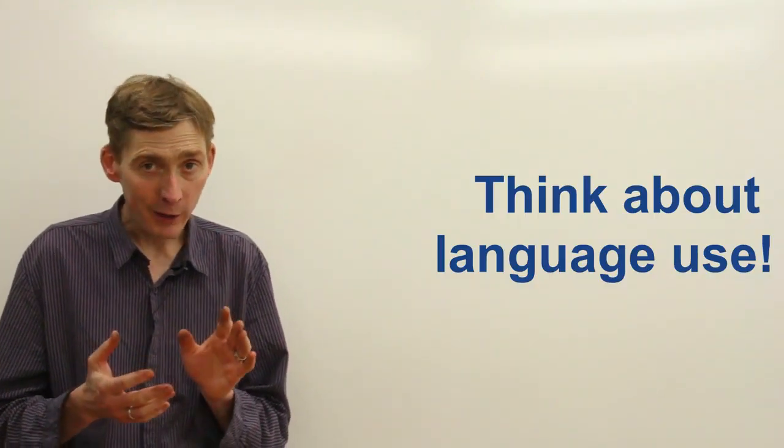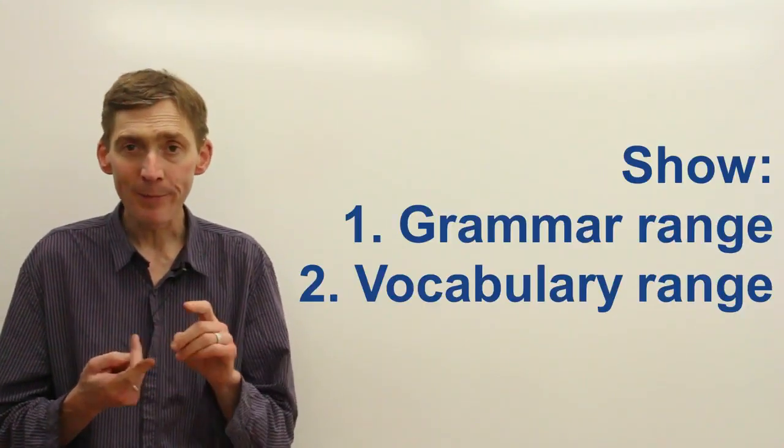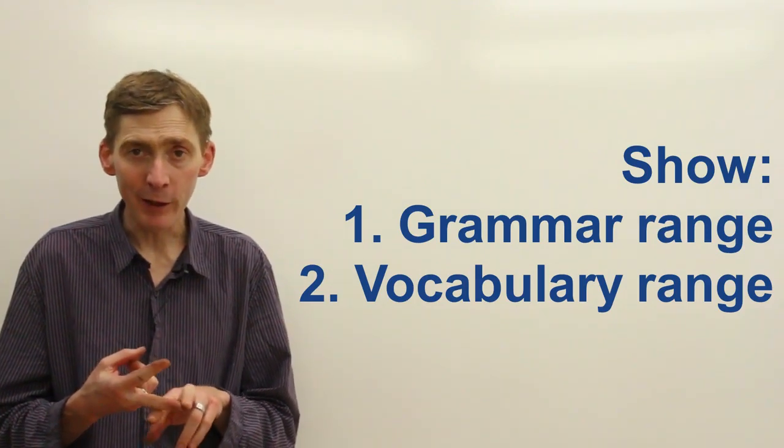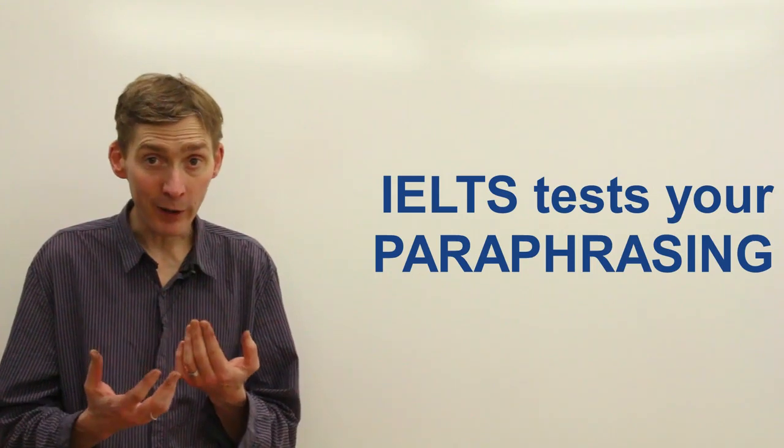Of course, language is fundamental to writing this essay, and you need to show that you have a good range of grammar and that you have a good range of vocabulary. And one of the things that we're looking for is your ability to say the same thing in a different way, to paraphrase and use synonyms. So the first thing we're going to do is to look at the different ways we can refer to the data in the task. And I'll show you what I mean in a moment.